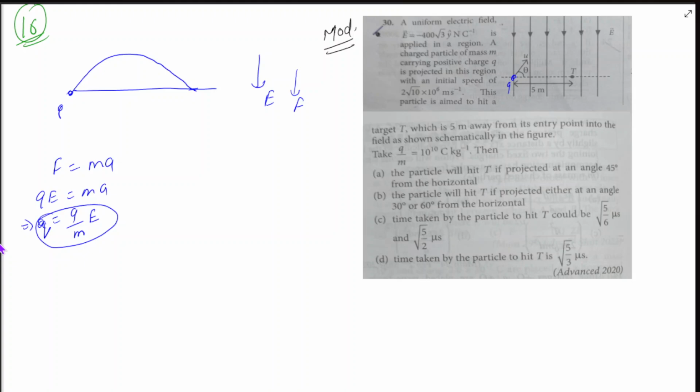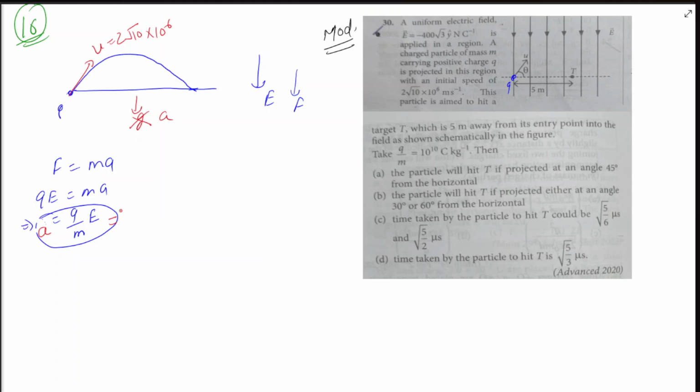So this is our a, QE by M. Okay. So in the place of g, we are going to use a. And this is a very simple question, right? It's going with the initial speed u, which is 2 root 10 into 10 raised to power 6. And a we can find. a is what?